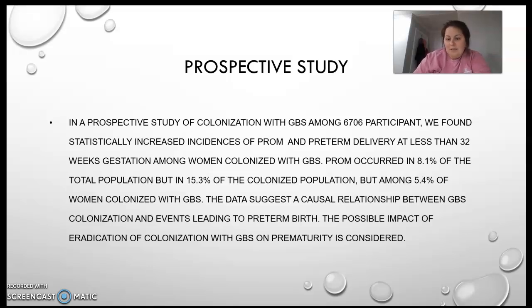Premature rupture of membranes occurred in 8.1% of the total population, but in 15.3% of the colonized population, but among 5.4% of the women colonized with group B strep. The data suggested a causal relationship between group B strep colonization and events leading to preterm birth. The possible impact of eradication of colonization with group B strep on prematurity is considered.